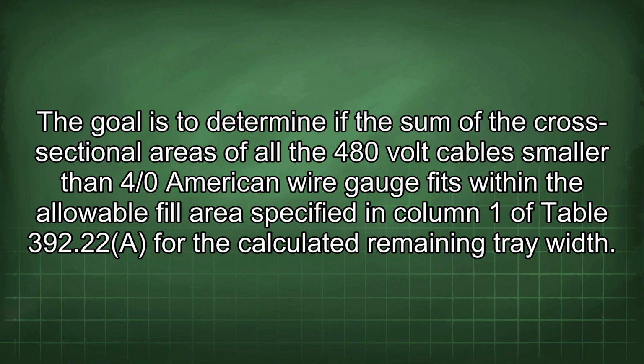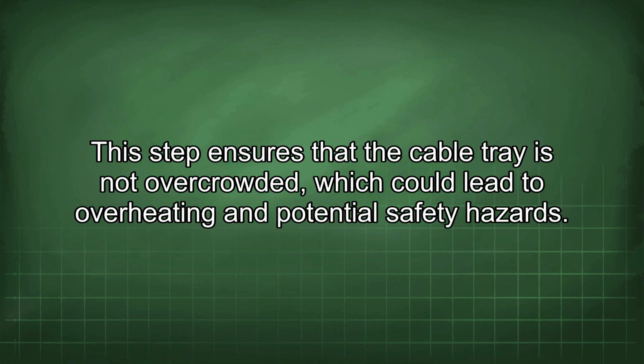The goal is to determine if the sum of the cross-sectional areas of all the 480 volt cables smaller than 4/0 American wire gauge fits within the allowable fill area specified in column 1 of Table 392.22 for the calculated remaining tray width. This step ensures that the cable tray is not overcrowded, which could lead to overheating and potential safety hazards.